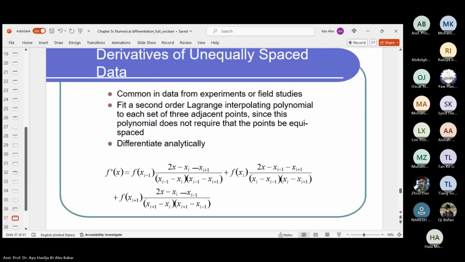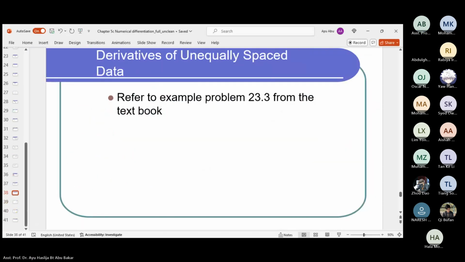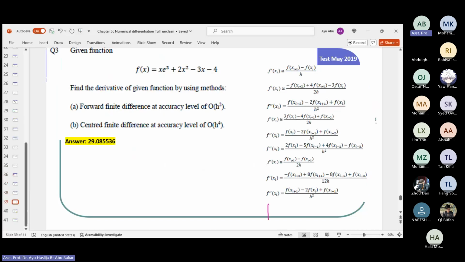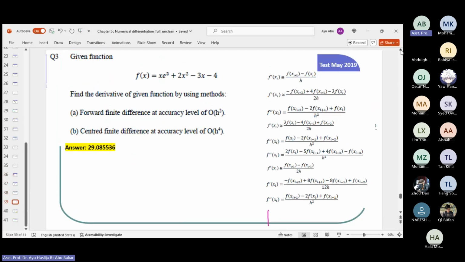Where is it? Okay, this one is the test, May 2019. This is a test question. It asks you to find the derivative of the given function by using forward and centered.